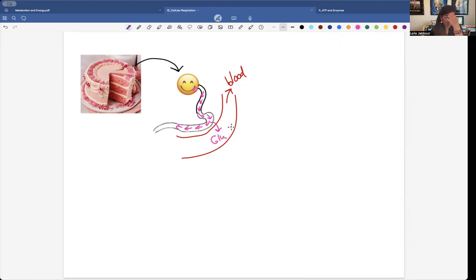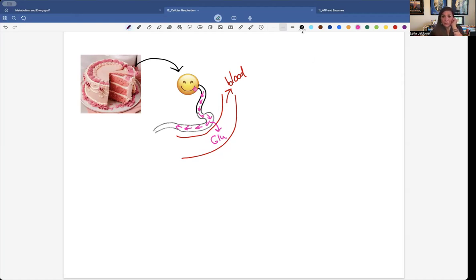The glucose is going to be taken up by all the cells in the body. So this blood is delivering glucose to every single cell in your body. It's literally like, here's some glucose, here's some glucose, flowing through all of your vessels and distributing the glucose to your cells.